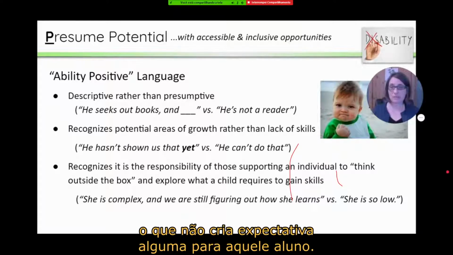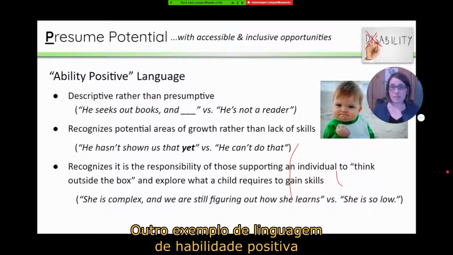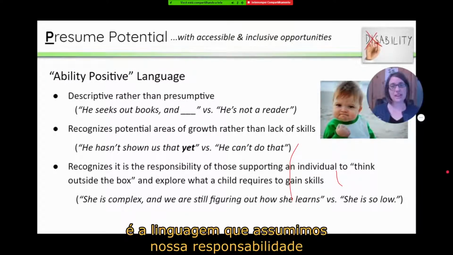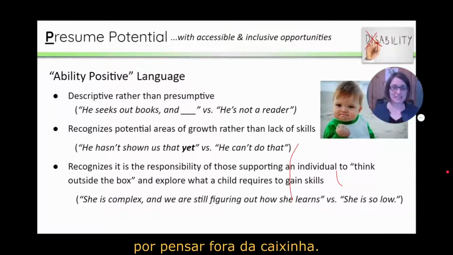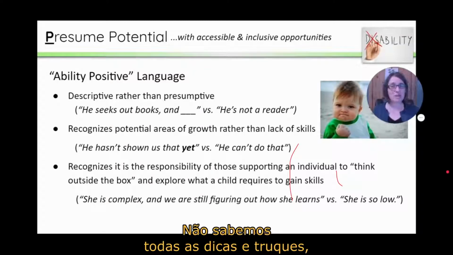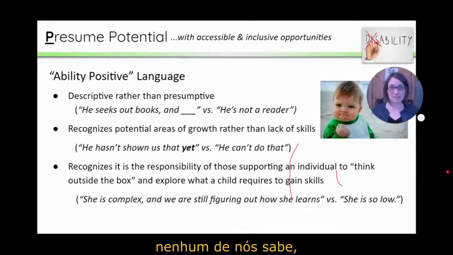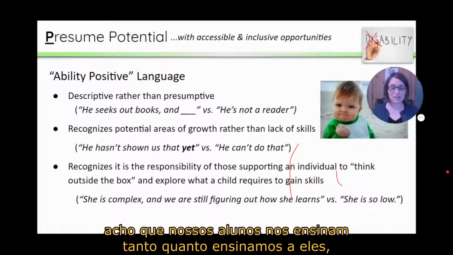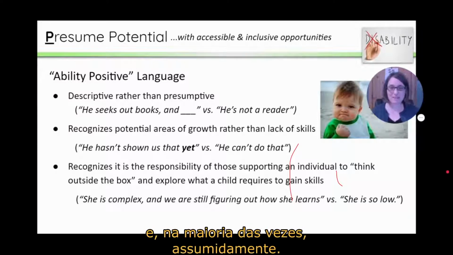Another example of ability positive language is language in which we own our responsibility in thinking outside the box. So we don't know all of the tips and tricks. None of us do. I think that our students teach us as much as we teach them, and oftentimes more, admittedly.